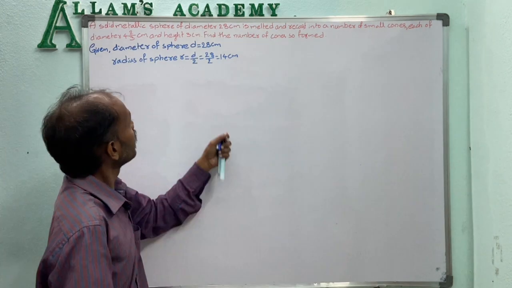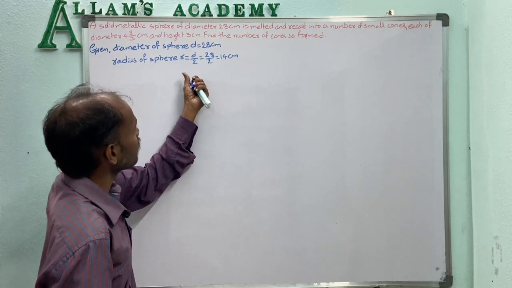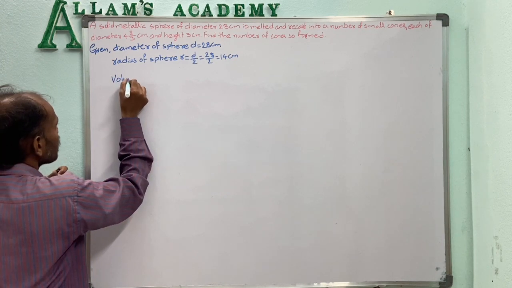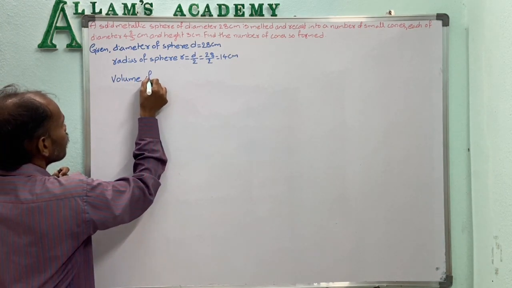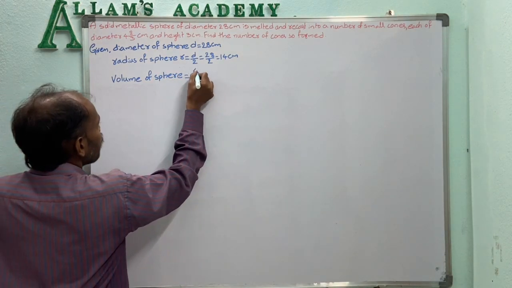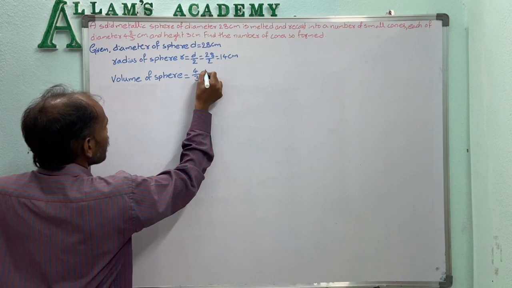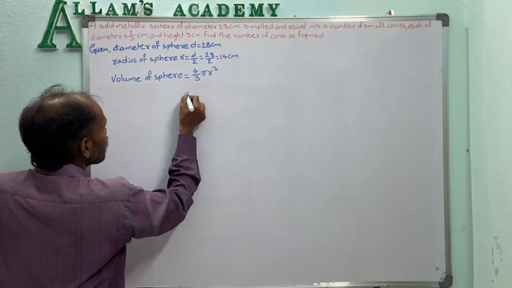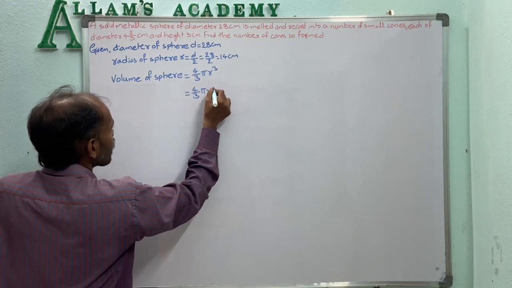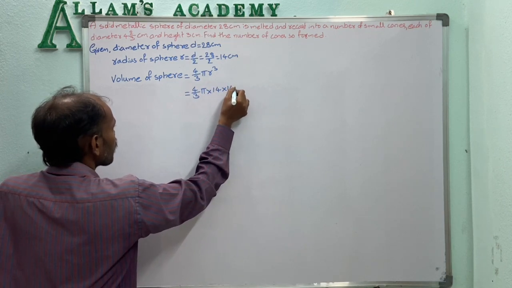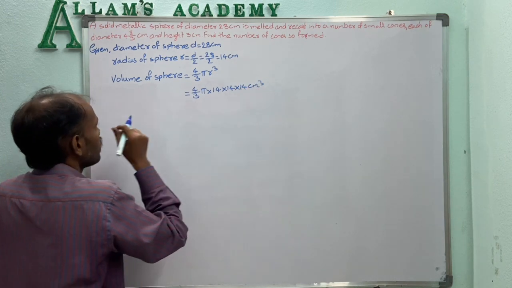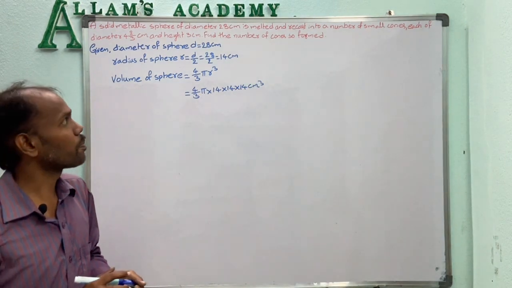Next, finding the sphere volume. The volume of the sphere is equal to 4 by 3 pi r cube, that is 4 by 3 pi into 14 into 14 into 14 centimeter cube. So that is the volume of the sphere.